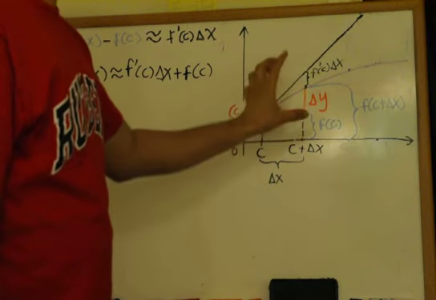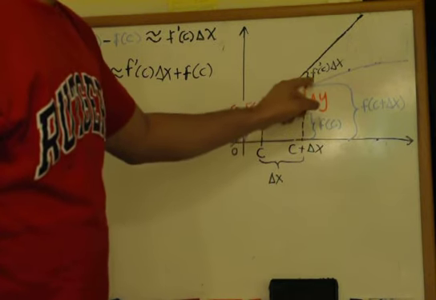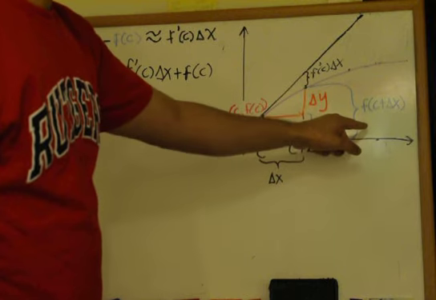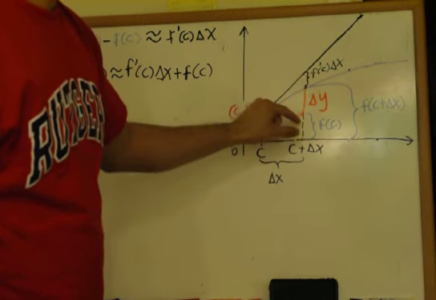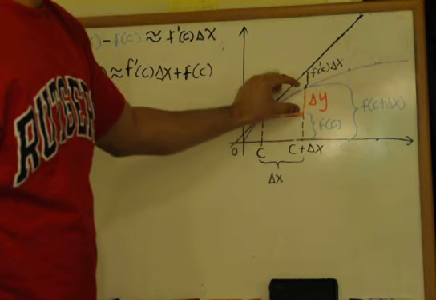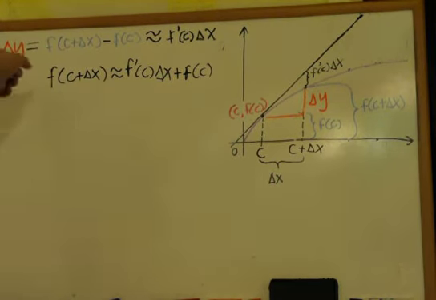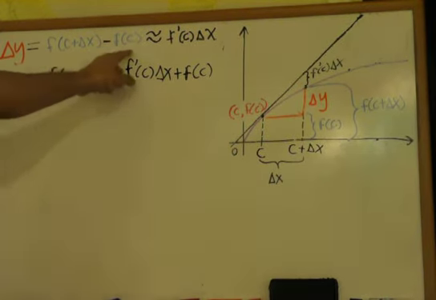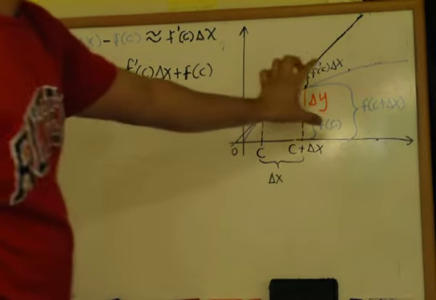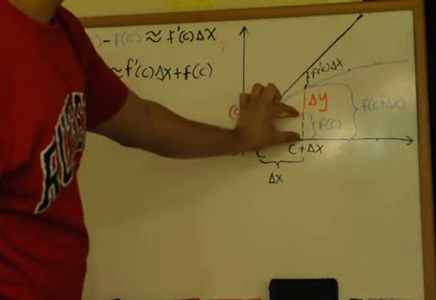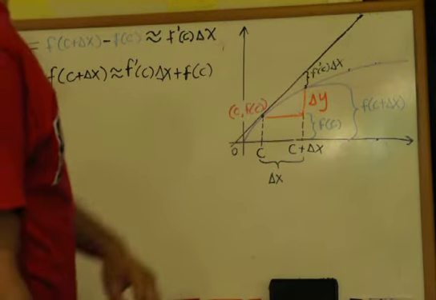Well, graphically, if you see this height here, this f of c plus delta x, if you subtract from it f of c, then that leaves you with delta y. So I have here, and I color coded it, that delta y is equal to f of c plus delta x minus f of c. So that's this part minus this little part, which leaves you that part.